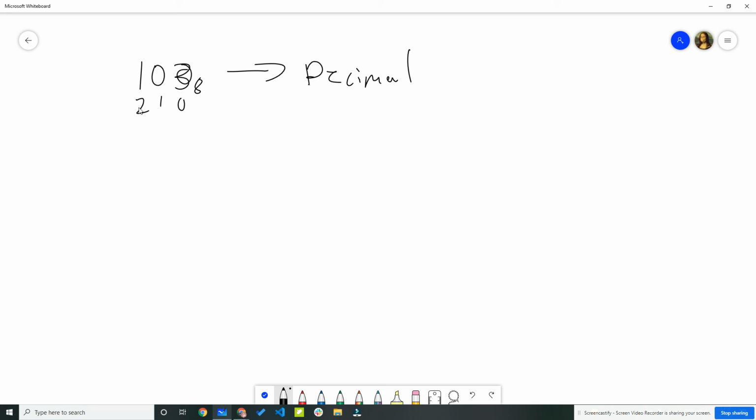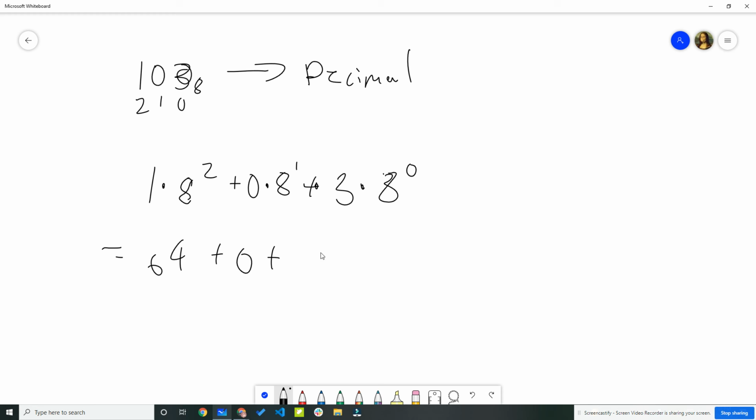So that's 1 times 8 to the power 2, plus 0 times 8 to the power 1, plus 3 times 8 to the power 0. That equals 64 plus 0 plus 3, which is 67 in decimal.